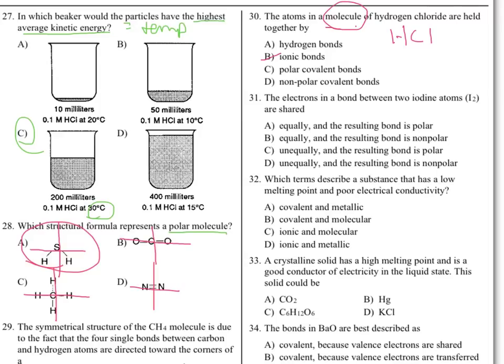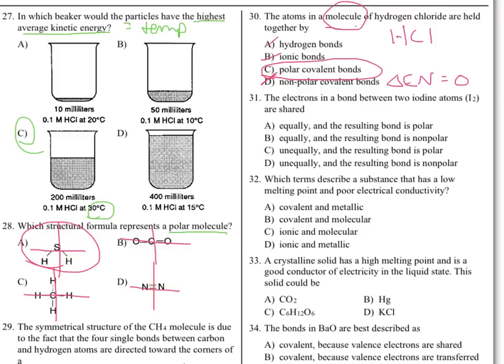Recall that in nonpolar covalent bonds, the difference of electronegativity must be 0. The only way to have a 0 difference of electronegativity is to have the same atom bonded to itself. So this is not a nonpolar covalent bond. This is indeed a polar covalent bond. Now, hydrogen bonds are bonds between hydrogen and fluorine, oxygen, and nitrogen. So it couldn't be hydrogen bonds either.